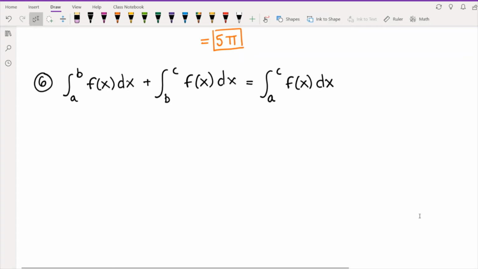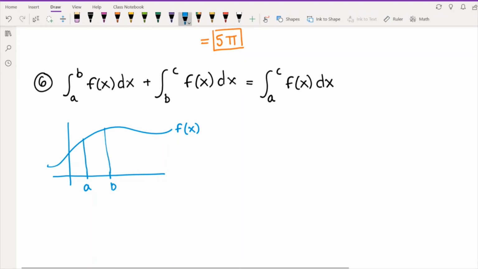So why does that rule make sense? Well, let's say you have a function. If you're taking the integral from a to b, that's going to be this area. And if you're taking the integral from b to c, that's going to be this area.